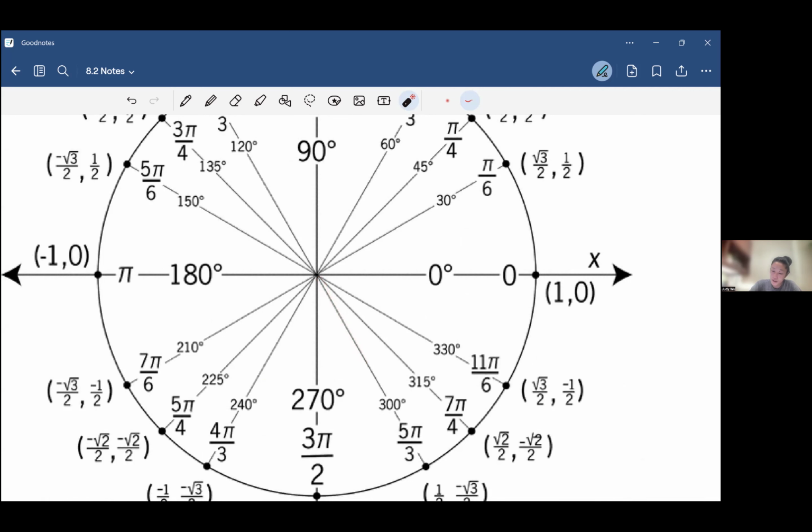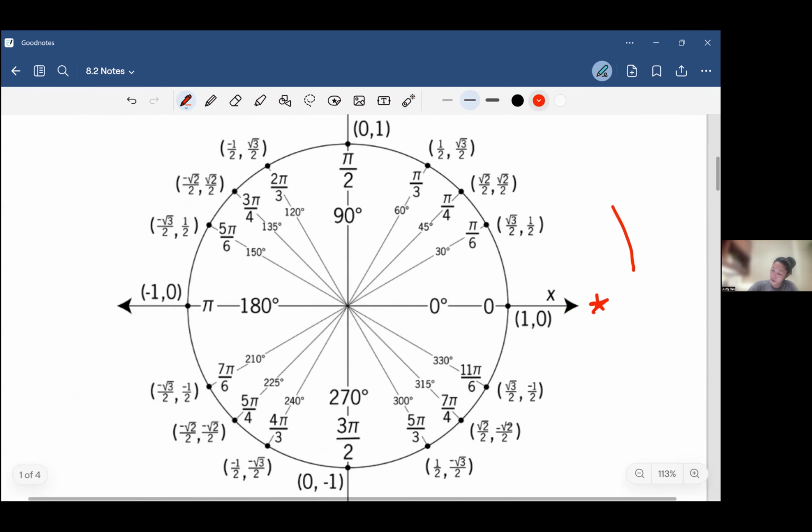But what's important to note, and let's put a little reminder here for ourselves, is where this red star is, that's where we start counting. And we always go this way when we go around our unit circle. Now, all of the angles are on the inside of this unit circle, and then we usually write all of the coordinates on the outside.